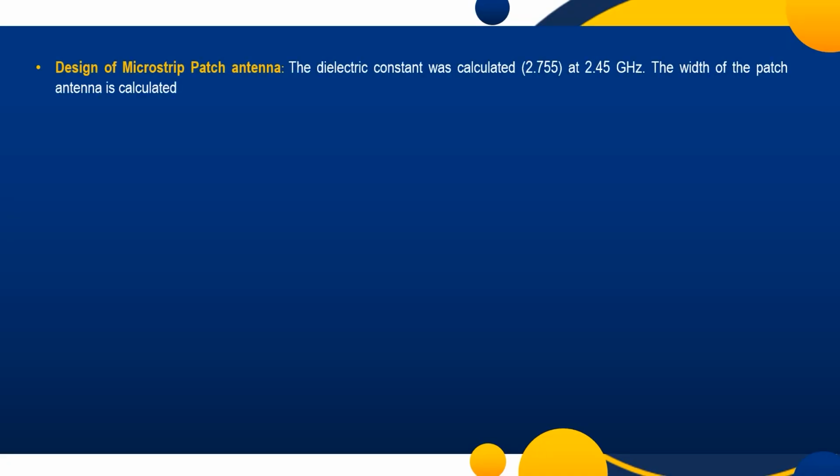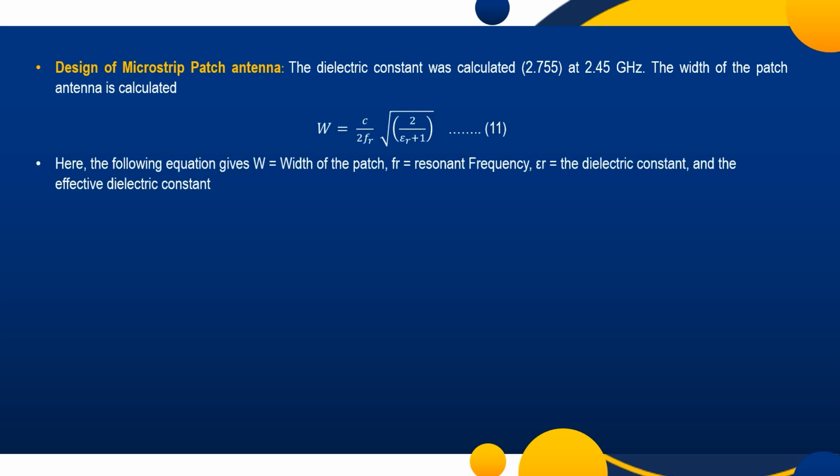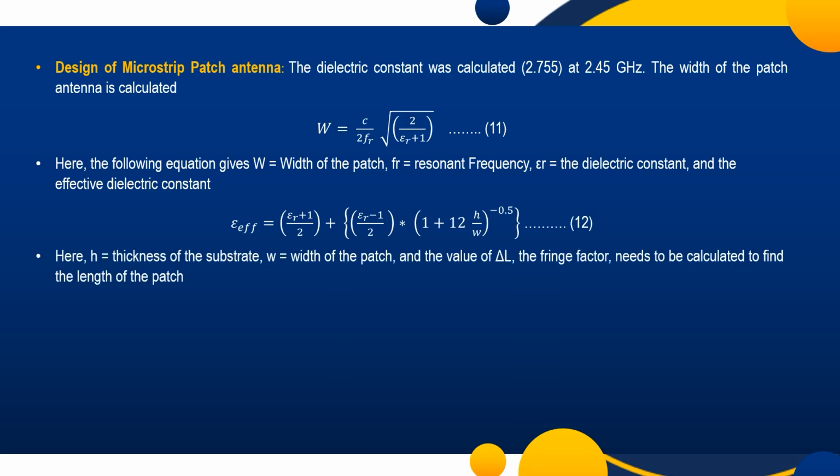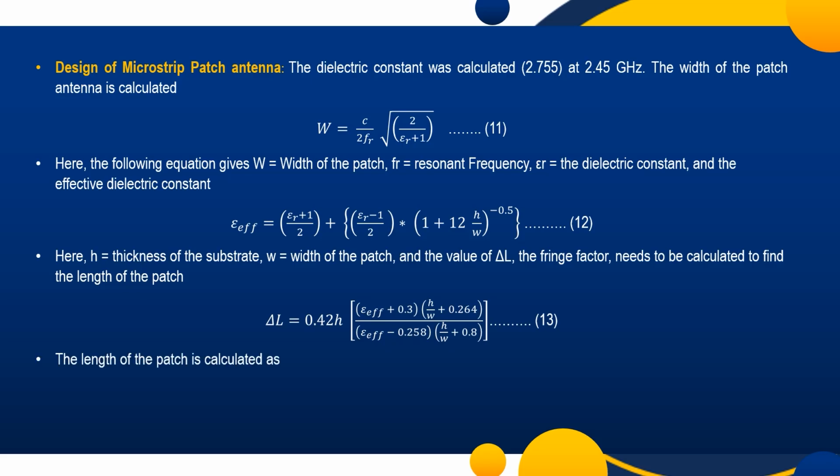Then there is again a set of equations for the design of the microstrip patch antenna, which are given for calculating the dielectric constant at a particular frequency. So using these sets of equations, we can calculate all the dimensions of the microstrip patch antenna.